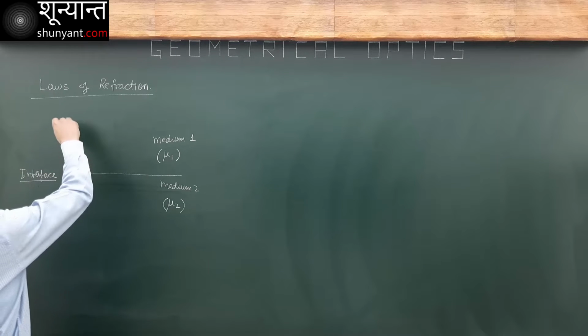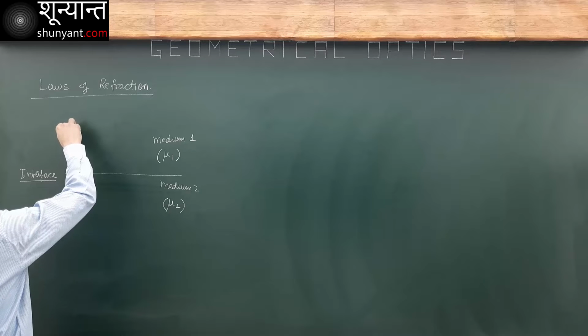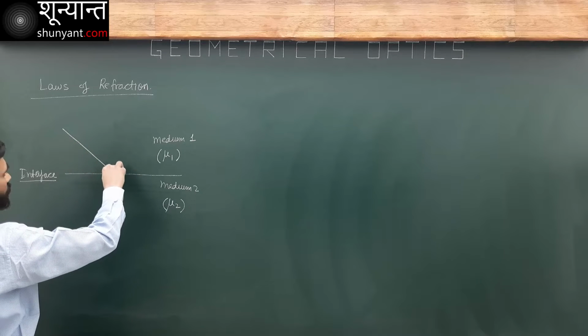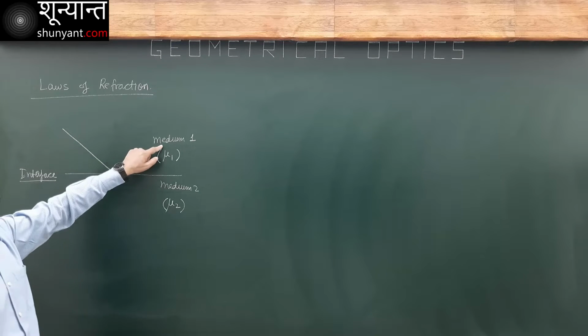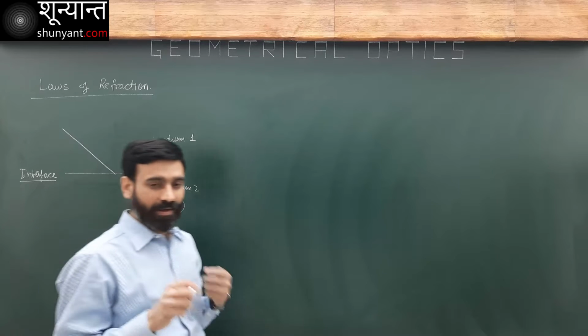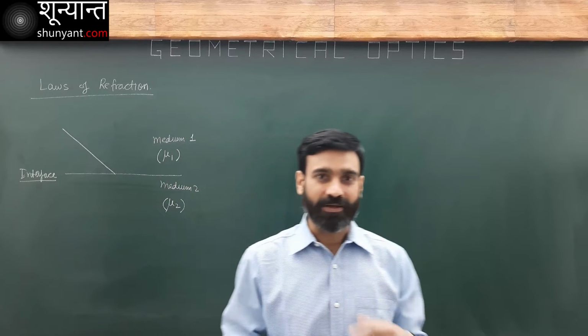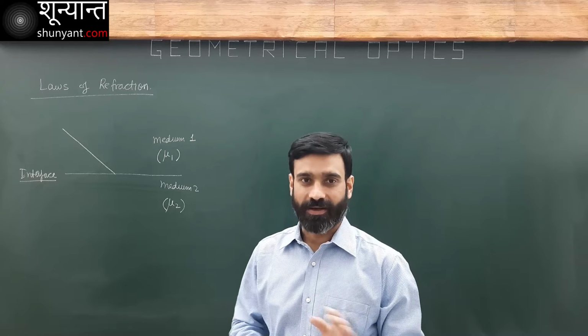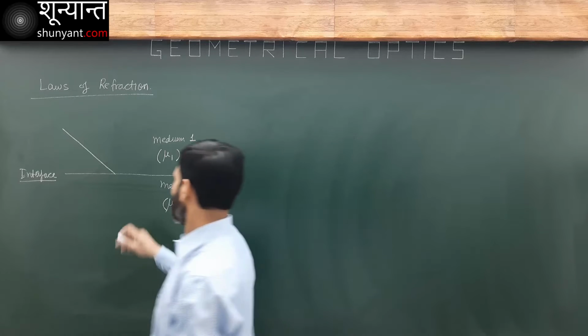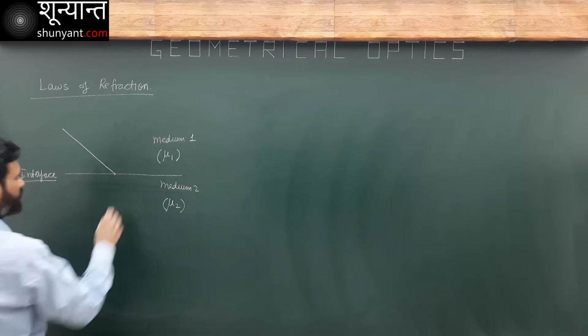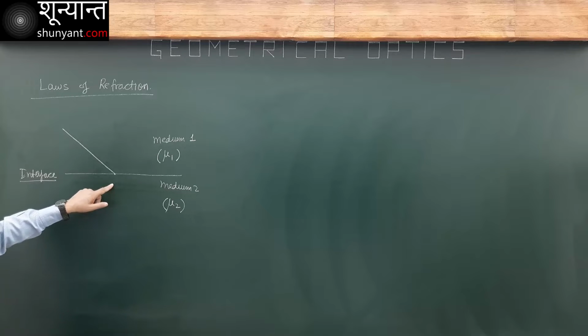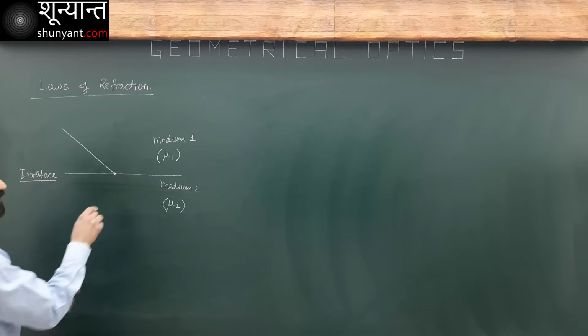I have a light ray which is traveling in medium 1. As long as light travels in one medium, it travels in a straight line. At this point, medium changes at the interface. This is known as point of incidence.